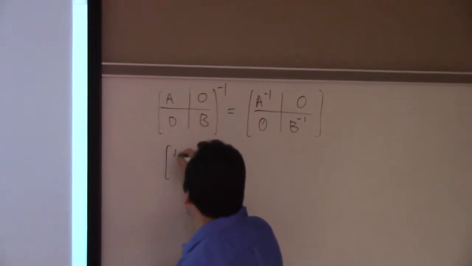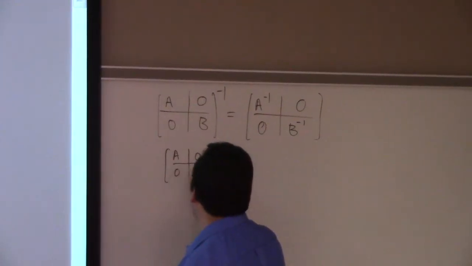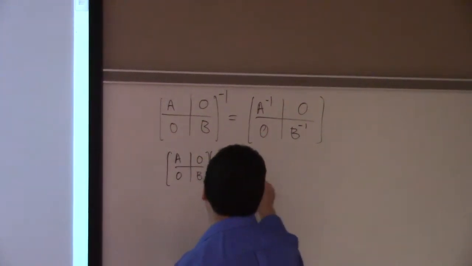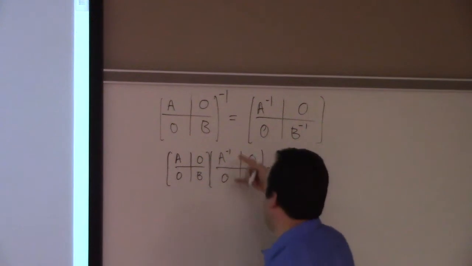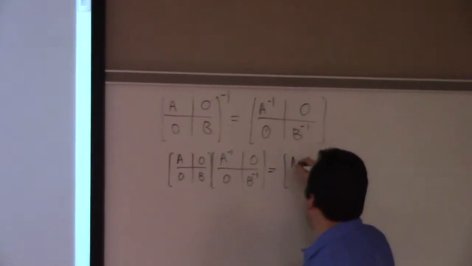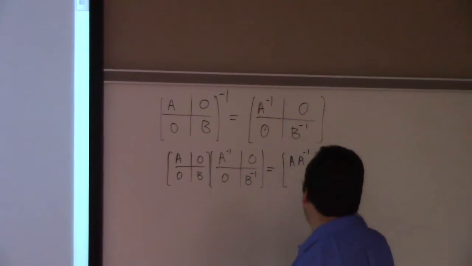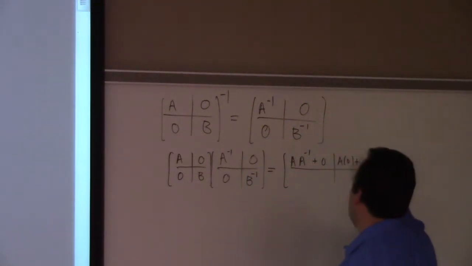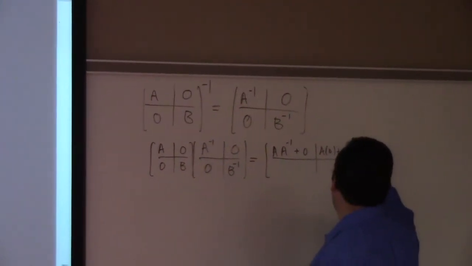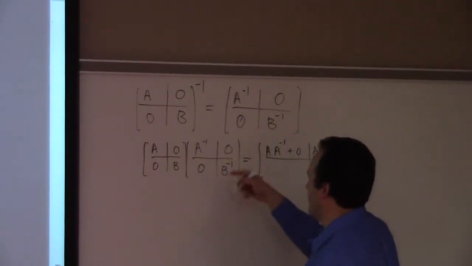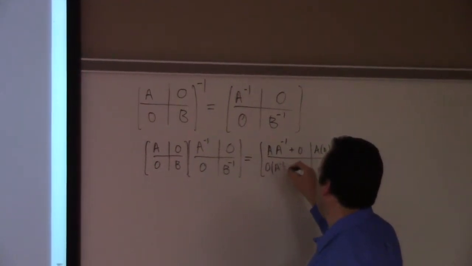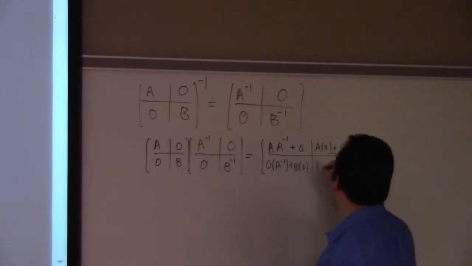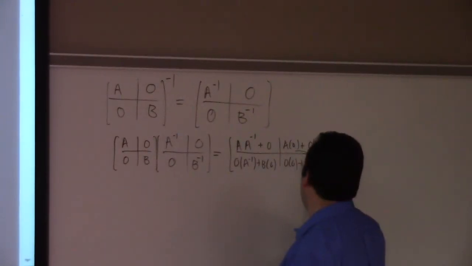How would you check? A, B, times A inverse, B inverse. How do we do block multiplication? Multiply blocks, right? So this is A inverse plus 0, A times 0 plus 0 times B inverse, and 0 times A inverse plus B times 0, and then finally 0 times 0 plus B times B inverse.